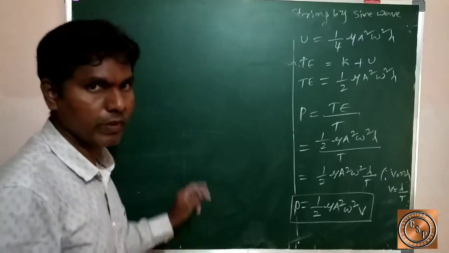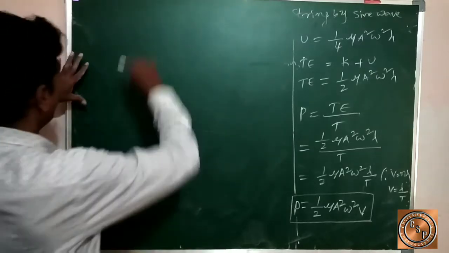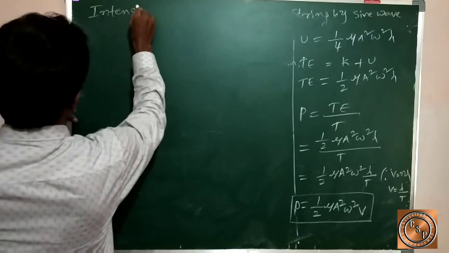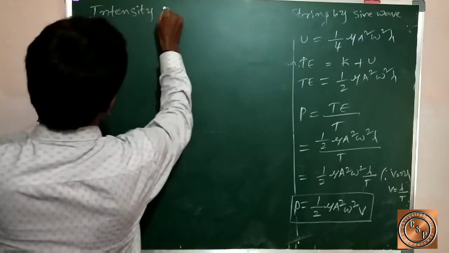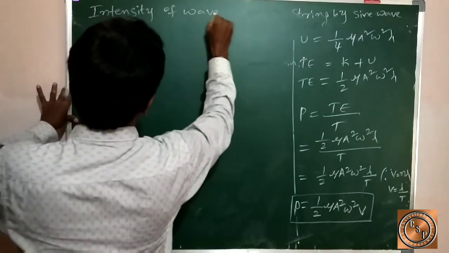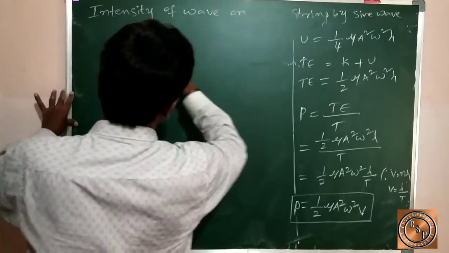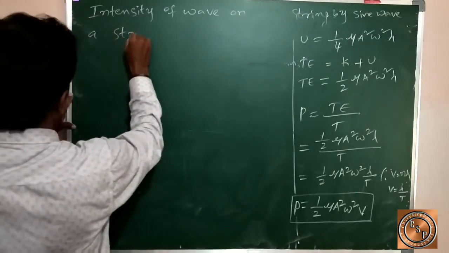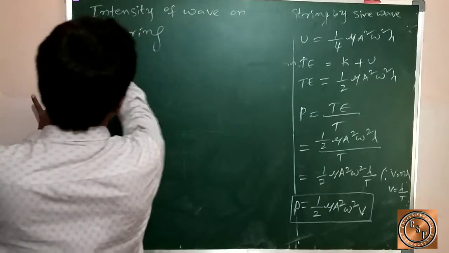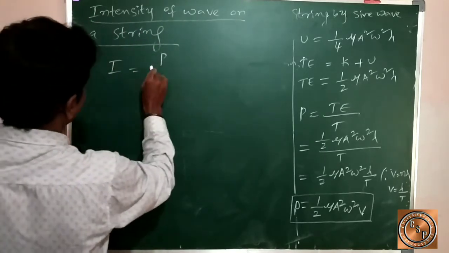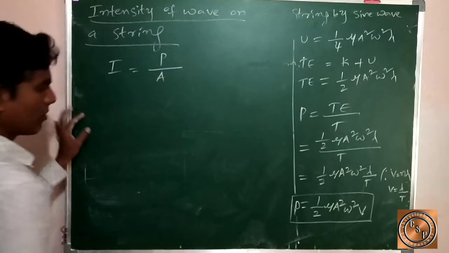Now intensity of the wave. Okay, the next topic is intensity of wave on a string. Intensity I is equal to power by area of cross section.